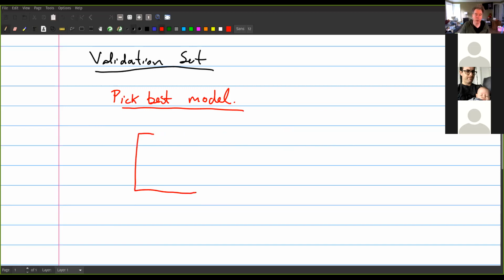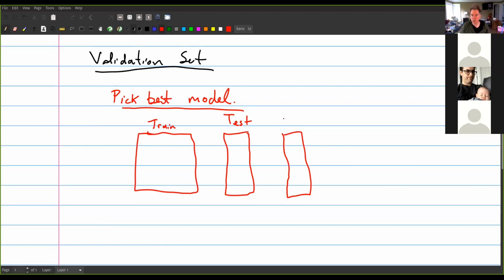Now we usually are just desperate for data. We're supposed to have a training set, and a test set, which is about 20% the size of the training set. Now they also want us to keep a validation set around, which you can do, but it has a cost.